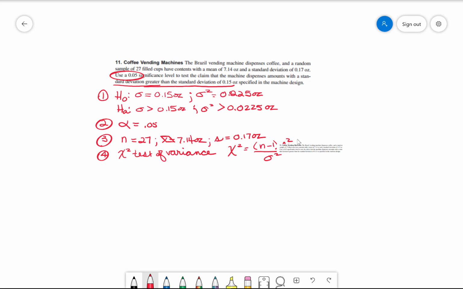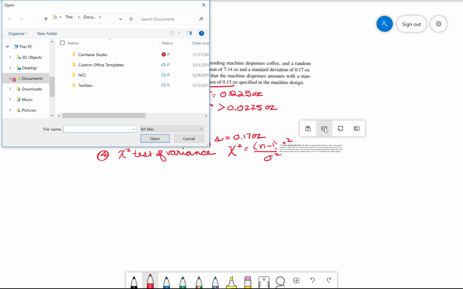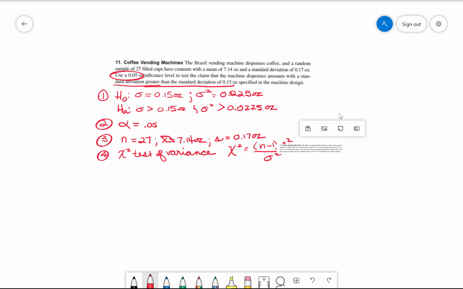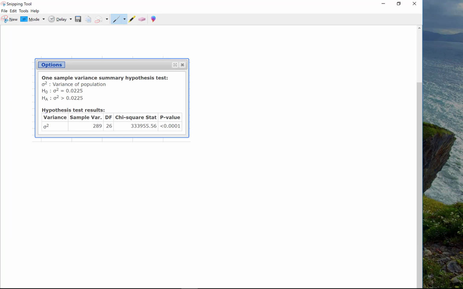Oh, that is not what I wanted to paste. Man. So let's get rid of that. Let's get rid of this. Let's go back to my snip. Make sure that I copied it. There.